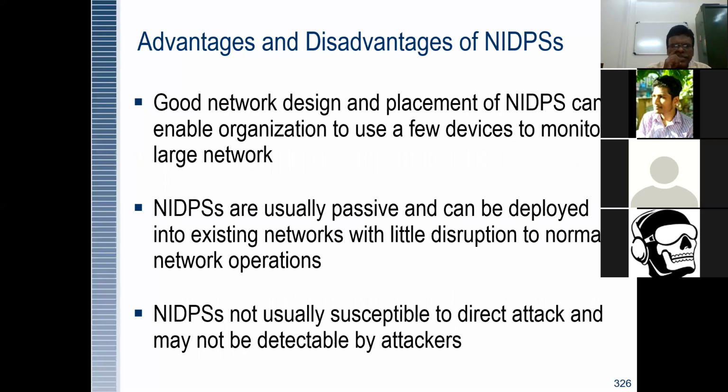What are the merits and demerits of network intrusion detection prevention systems? You can see they look like a very fantastic network design, and the placement of complete protection and prevention can enable an organization to use a few devices to monitor a large network. It need not be made in such a way that the monitoring displays the complete strategy.